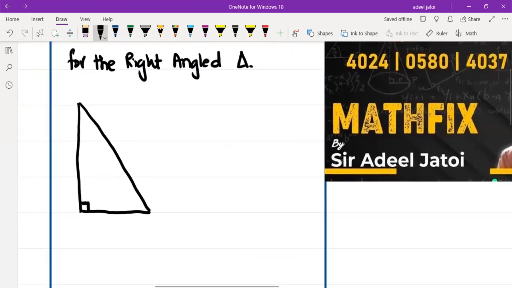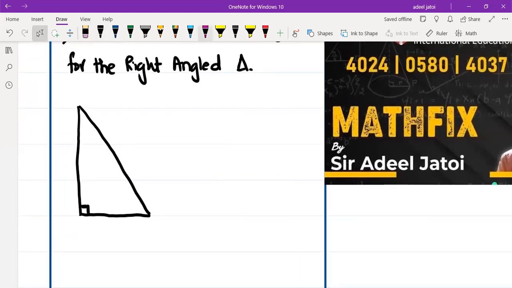Knowing this, let's have the sides as 3x plus 3. Your hypotenuse is 6x because it is opposite to 90 degree. And the third side would be 5x minus 1. So the values are given in algebraic form, and you need to find the value of x.